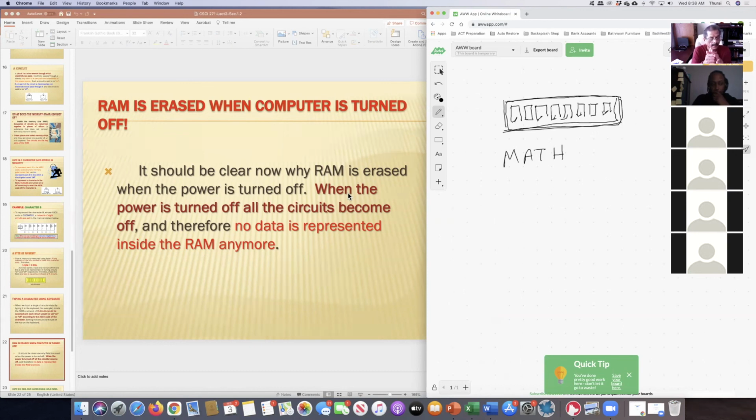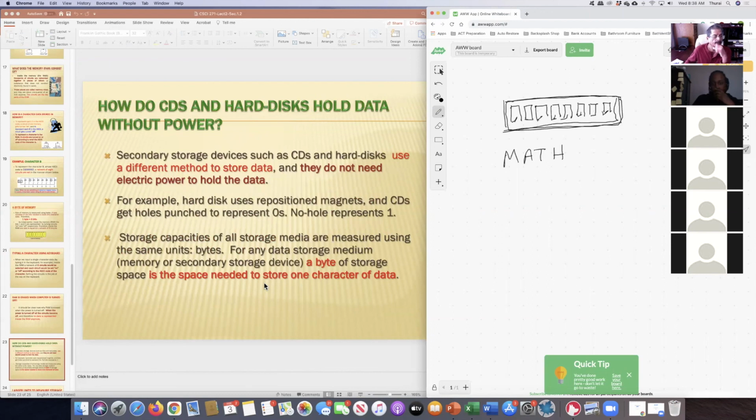So if the power is off, everything you typed is gone. But modern word processors have a way of backing up, so you're safe in the modern word processors. But when I was an undergraduate student, yes, I had lost work many times due to power loss on the computer. So it happens.